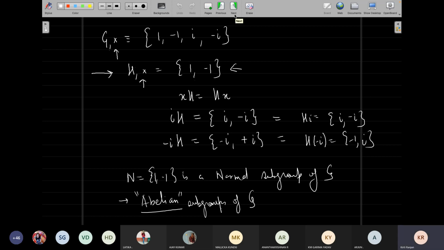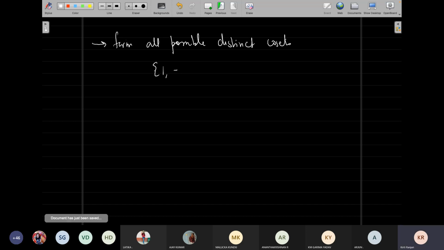Okay, so what do I want to do? I want to form all possible distinct cosets for this one. So 1, minus 1 itself, I can just call K1, which was my normal subgroup, which I am calling the first coset.